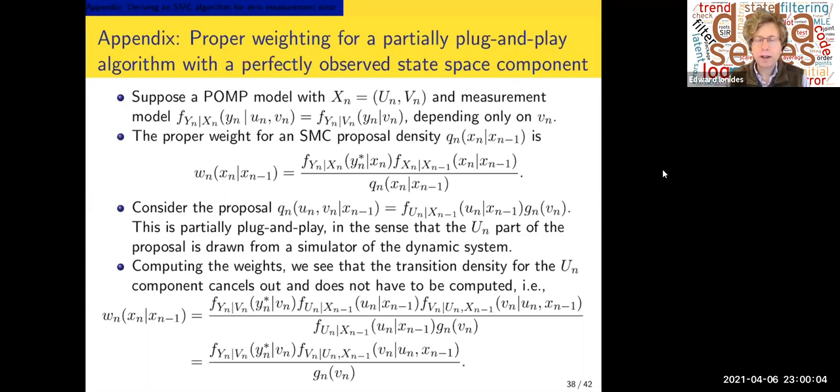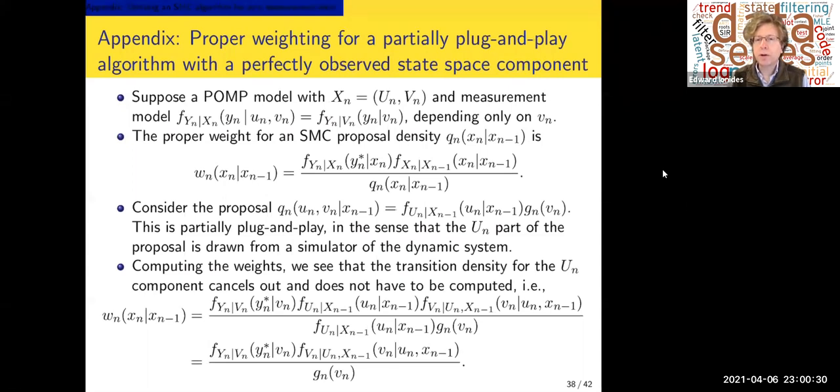To see how this works, it's helpful to think what is the proper weight for a general sequential Monte Carlo proposal. When we do sequential Monte Carlo, we move our prediction particles according to the transition density of the latent Markov process, f of x_n given x_{n-1}.